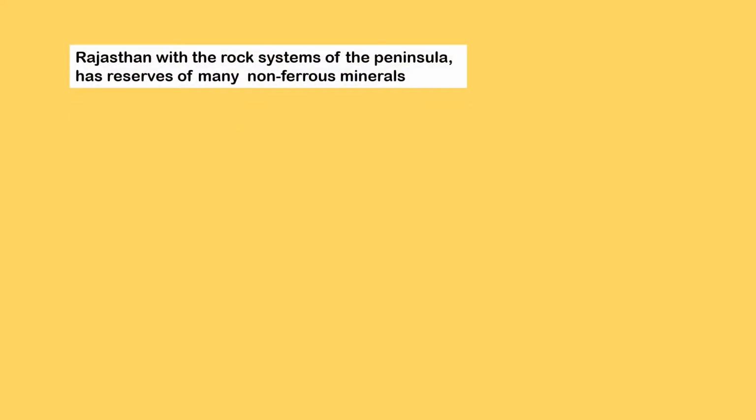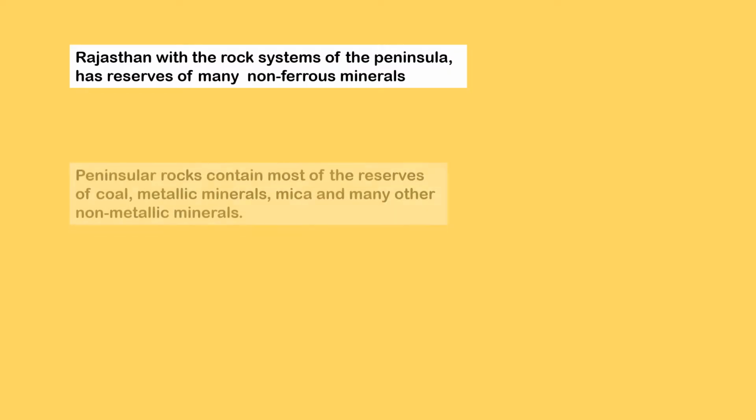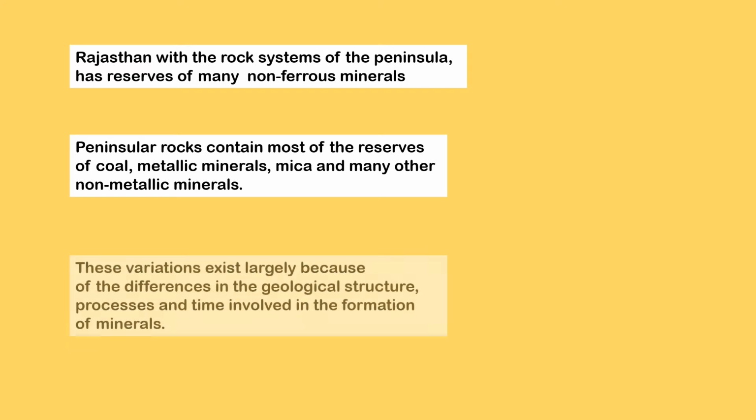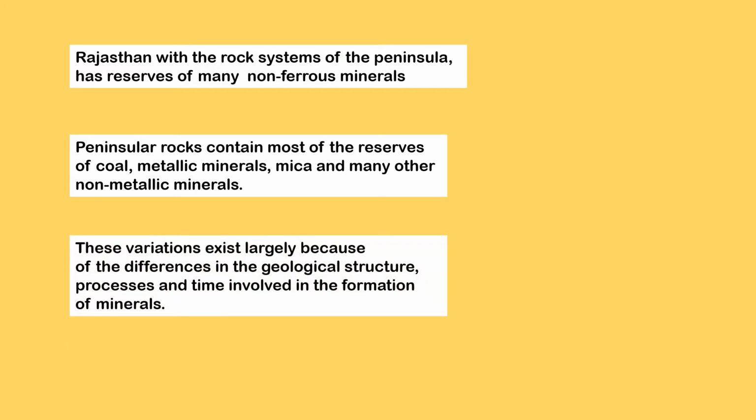Rajasthan, with rock systems of the peninsula, has reserves of many non-ferrous minerals, whereas peninsular rocks contain reserves of coal, metallic minerals, mica, and many other non-metallic minerals. These variations exist largely because of the difference in geological structure, processes, and time involved in the formation of minerals.